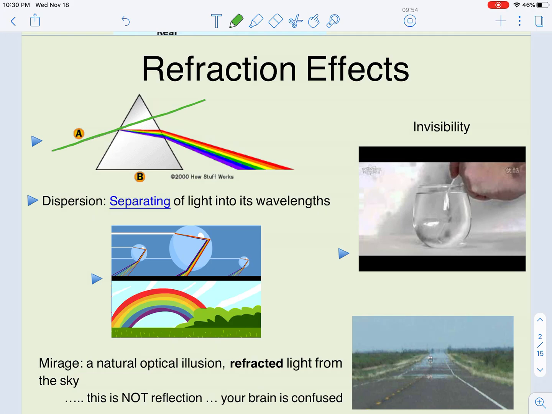But the light does not stay in the air. It enters this prism. The prism is made of a different material, and it has a different density. So as the light enters the prism, it is going to change speed.